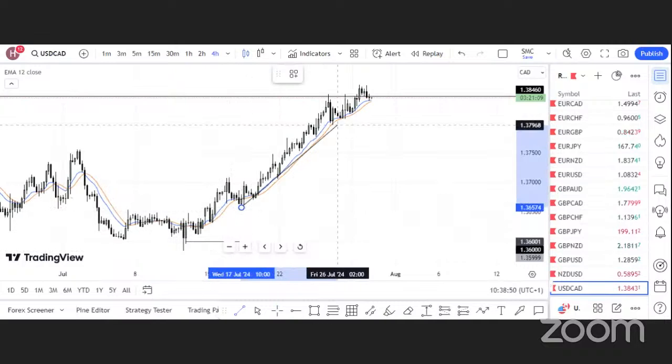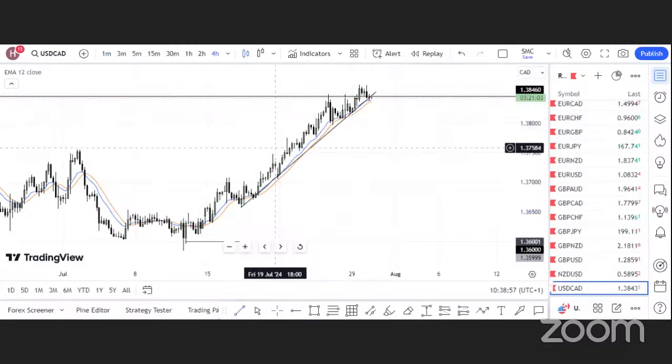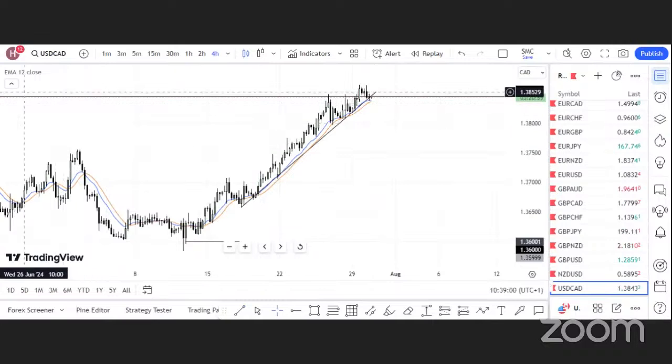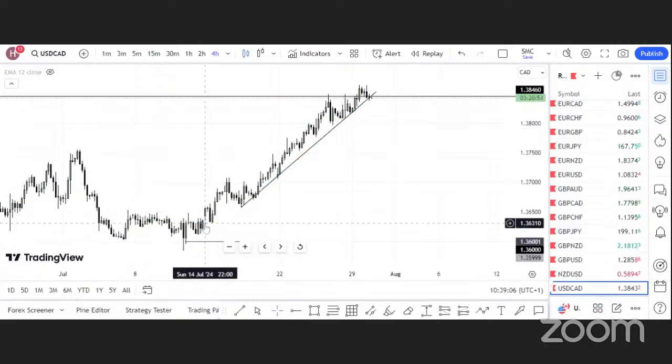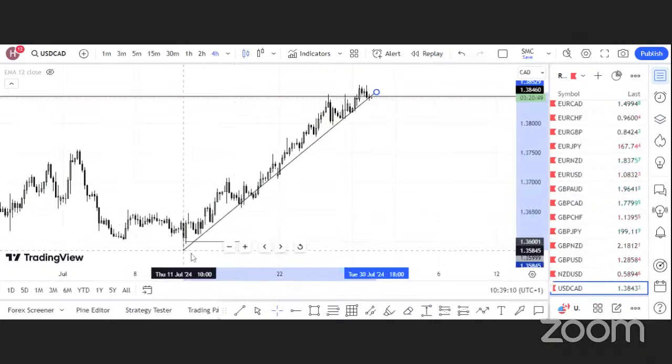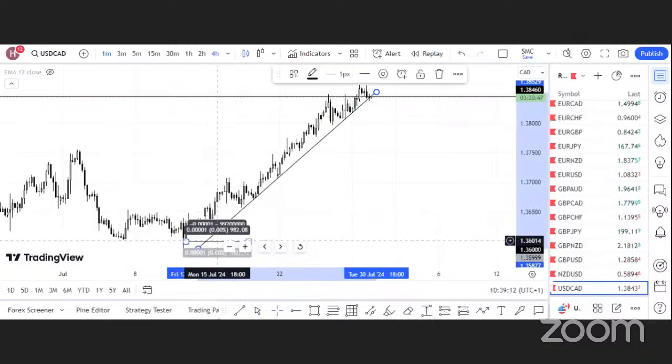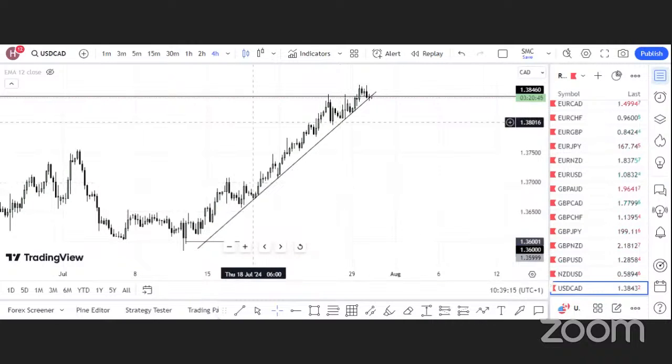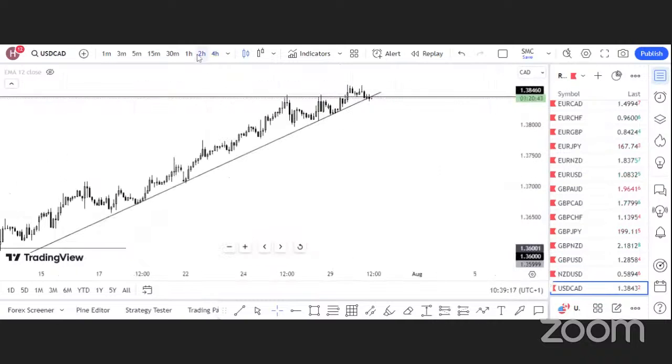So we have analysis on USDCAD, right? And the market looks as if it's going to continue to buy. This market looks like it will continue to buy.